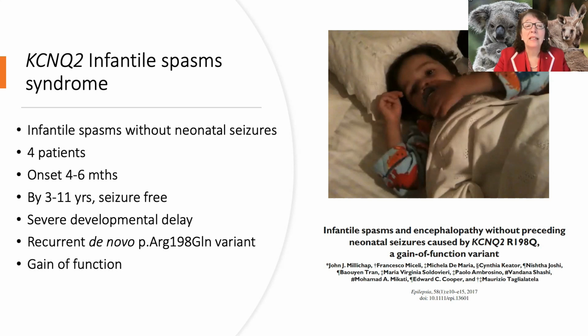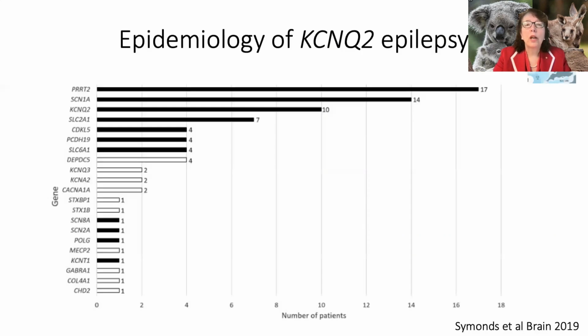And they shared, in fact, a recurrent mutation, a missense mutation, which was de novo, which means it was new in the child, not present in mum or dad, dominant, which we know is the case for KCNQ2. But interestingly, they all had the same mutation, causing this very, very distinctive picture and likely to be gain of function.